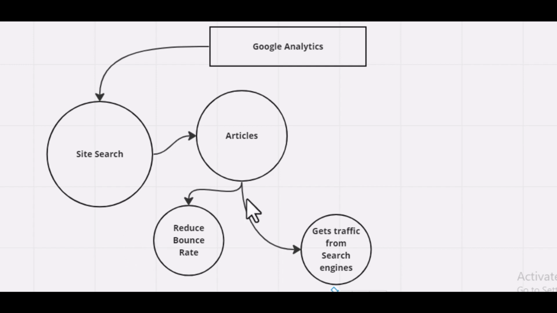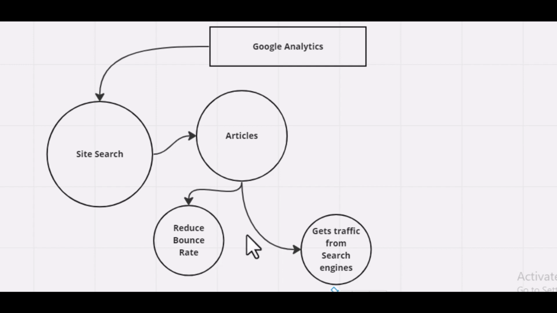But once that article is made available, when they search for that particular keyword again and they find the article, it will make them stay more on the site, thereby helping your site to rank high on search engines by reducing the bounce rate.